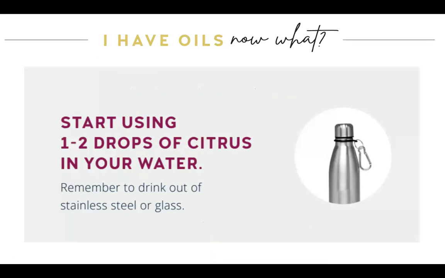Any citrus really: wild orange, grapefruit is a great one to use. Slim and Sassy, which is our metabolic blend, can help with cravings and getting your metabolism boosted. It's also a very energizing blend because it has some citrus oils in there.